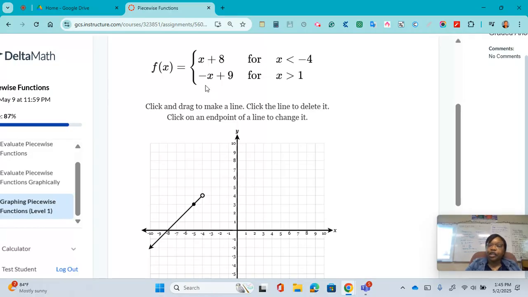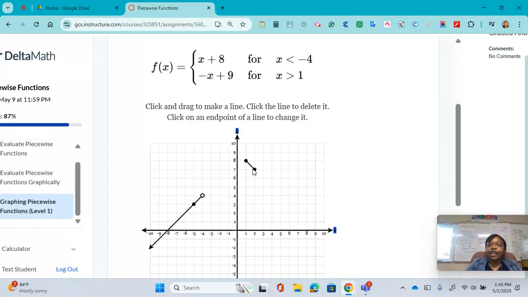The next one is a linear equation as well. I'm going to plug in my 1 and see where I start. Negative 1 plus 9 gives me 8. So I plugged in a 1 and I got out an 8. That's where I start: 1, 8. The slope is negative 1 in front of my x, so I go down 1 and over 1.